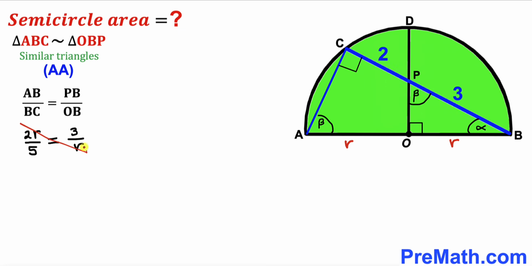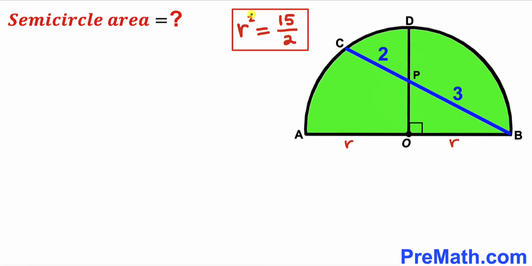Now we cross multiply, so we can write 2 times r squared equals 15. Then I divide both sides by 2 to isolate r squared, so the 2 and 2 cancel. Therefore r squared turns out to be 15 divided by 2.